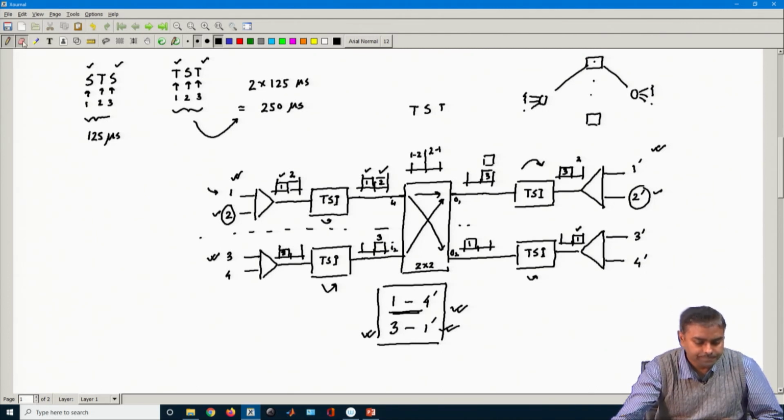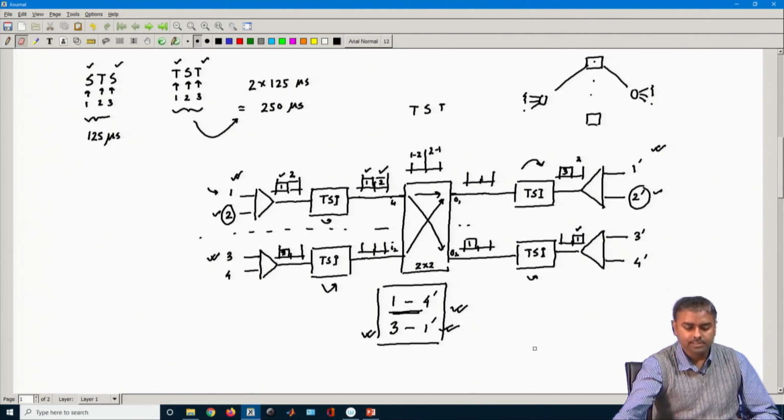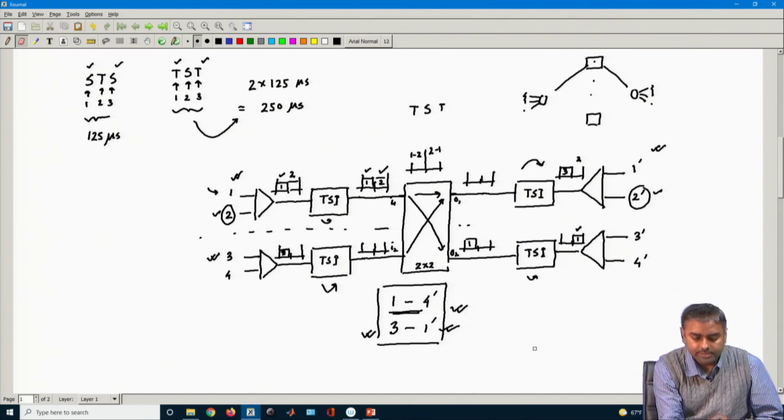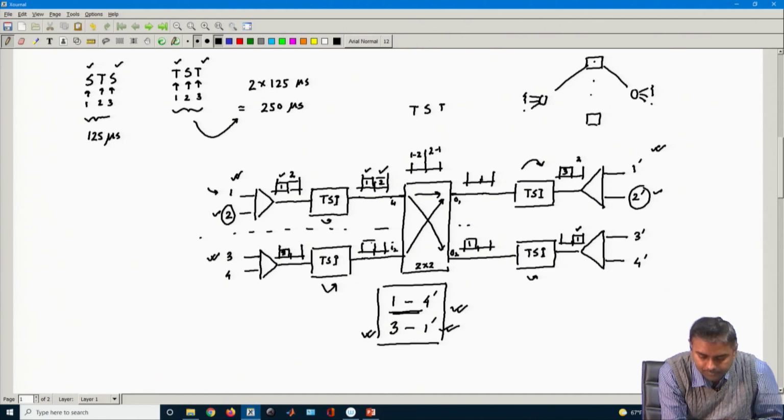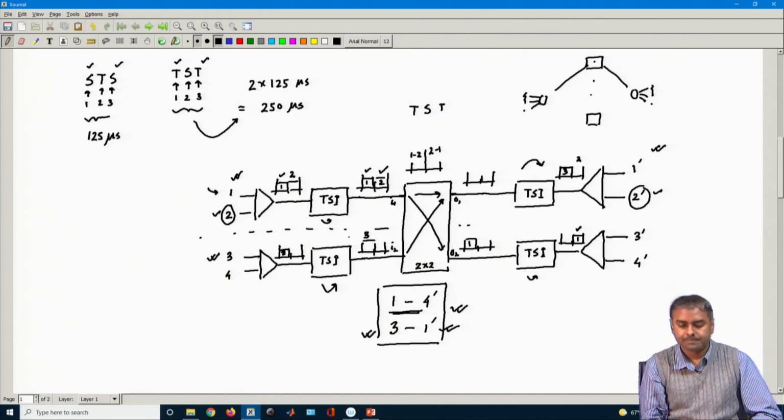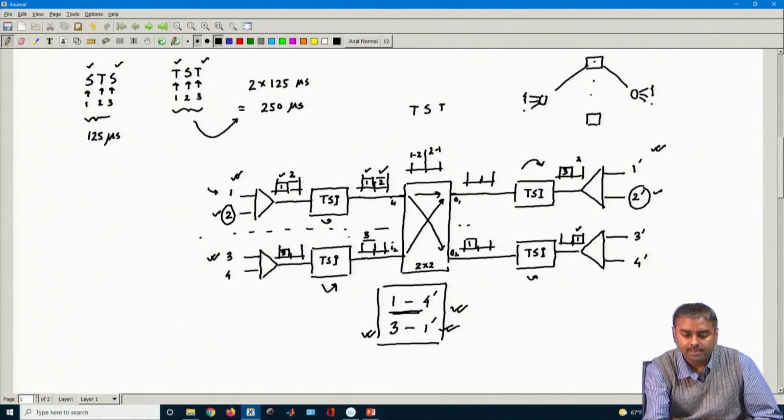We can rectify this connectivity. 3 was here, and I could have put my 3 here. And in the first instance, what was the switching option? 1 to 2. If I can do 1 to 2, I can also do this cross.